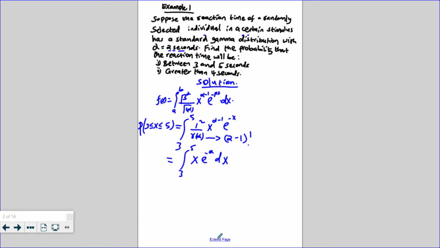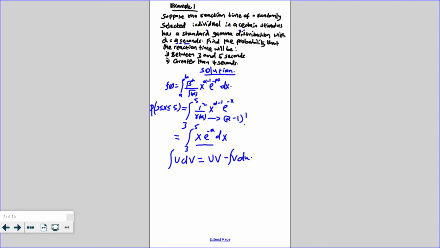Up to this point, we now apply integration by parts, where we say the integral of u dv is given by uv minus the integral of v du. We just apply it here to solve this part. In applying that, let u be equal to x, and we let dv be equal to the remaining part, exponential negative x.